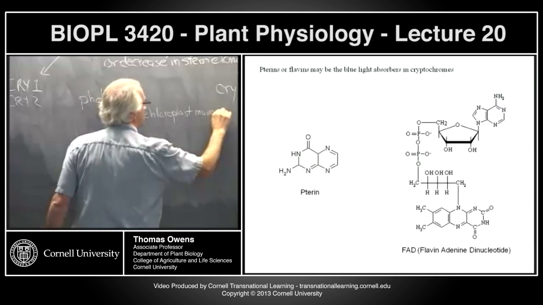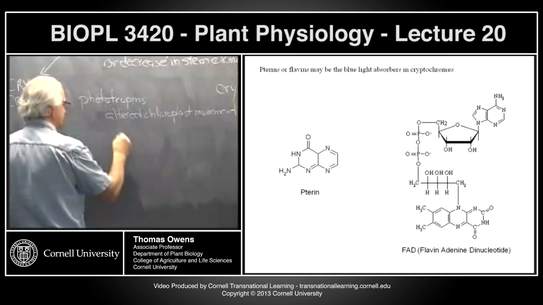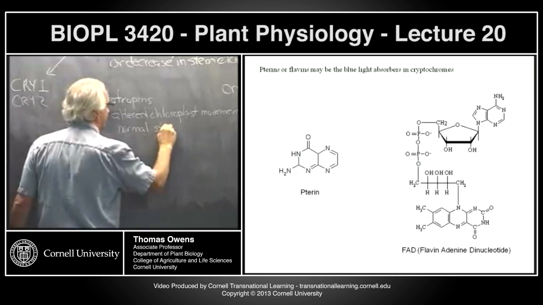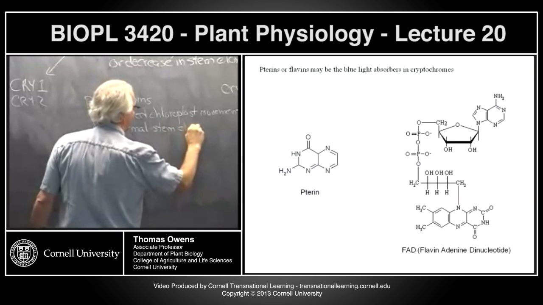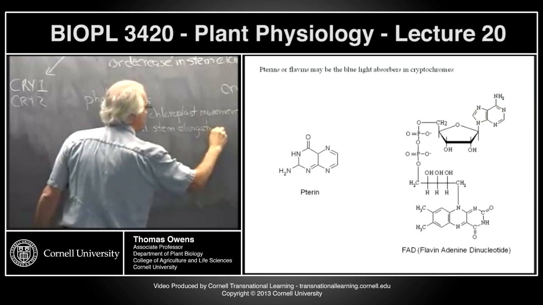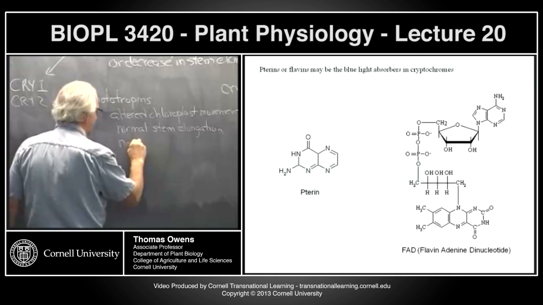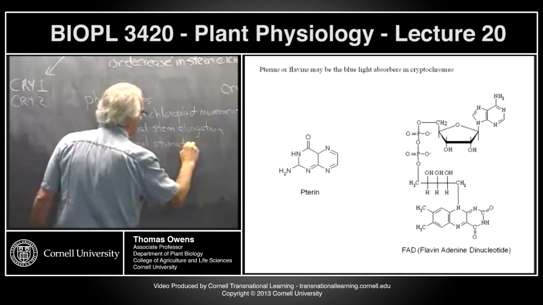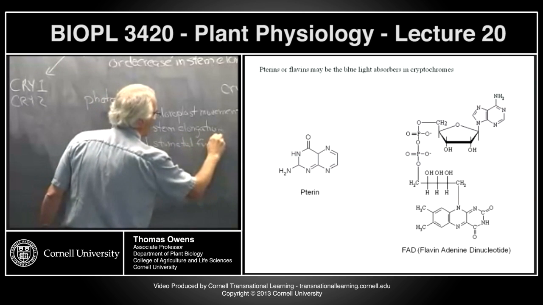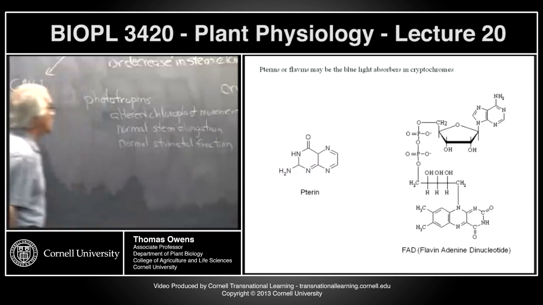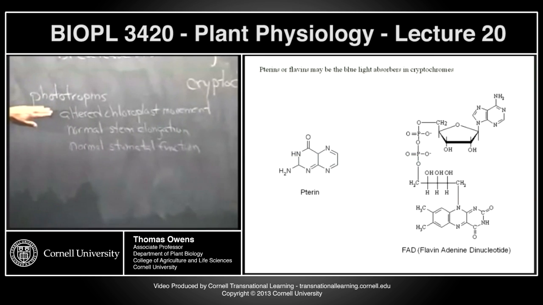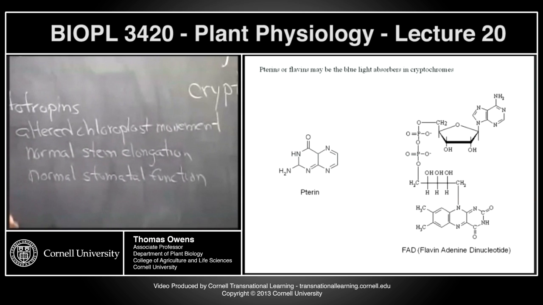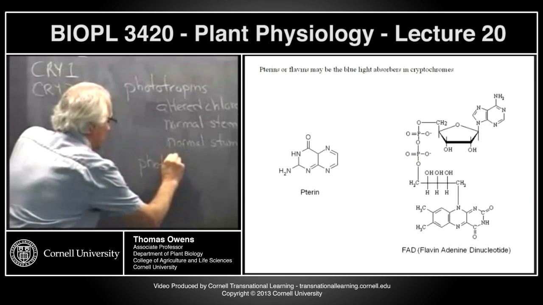But they have normal decrease in stem elongation and normal stomatal function. So the genes that are encoded by the phototropins, there's two genes that have been mutated. They're Phot1 and Phot2.